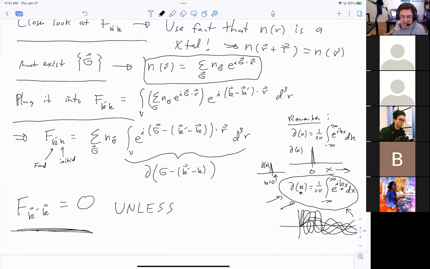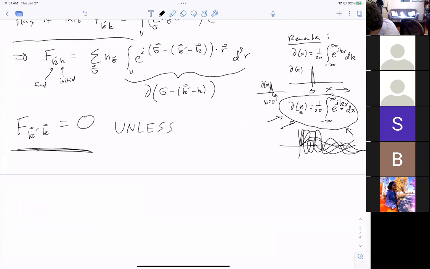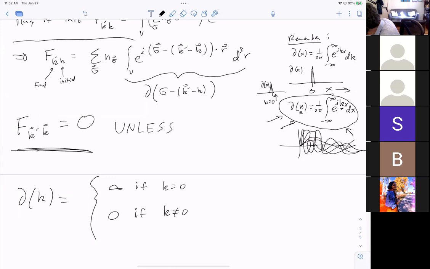Because what I've just said is that f, this total amplitude, has a delta function in it. And we know that a delta function, let me remind you of the definition of a delta function: delta of k equals infinity if k equals 0, 0 if k does not equal 0, and the integral of delta of k dk equals 1.